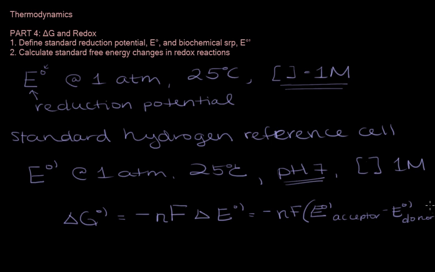Because remember, the electron is moving from one to another. So this is like substrate product. So products minus substrate is going to give us this value right here.